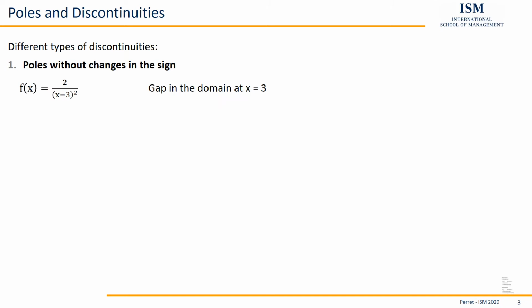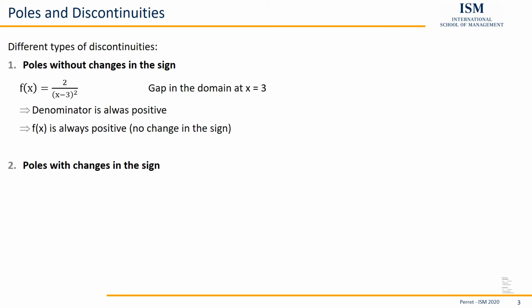So for example, with this function here, if we get closer and closer to 3, in both cases, this function will go towards plus infinity. The opposite possibility is we actually have a sign change. So one side goes towards plus infinity, the other side towards minus infinity.